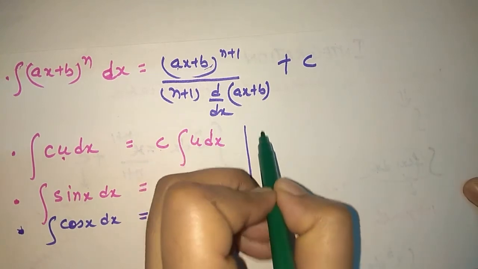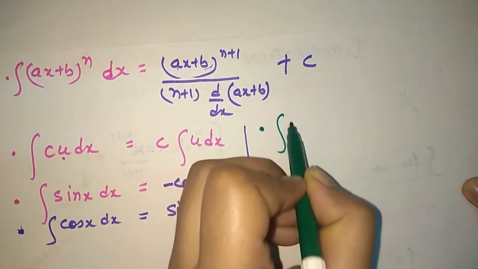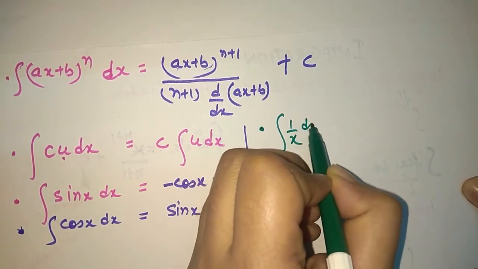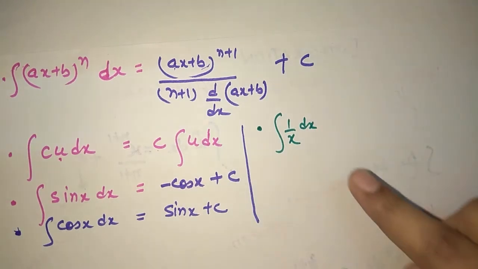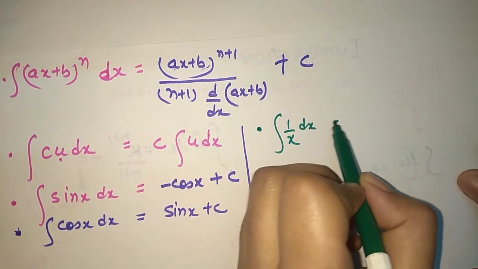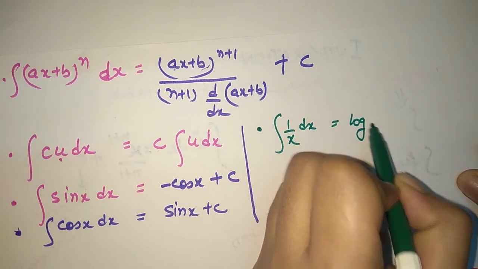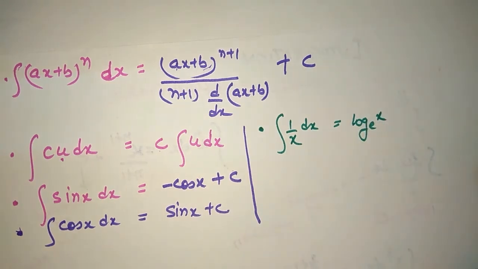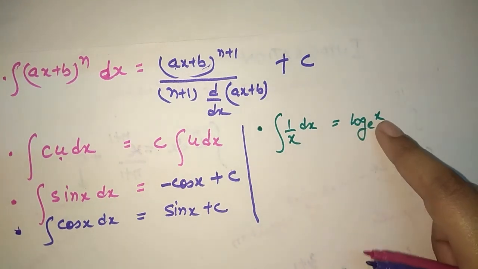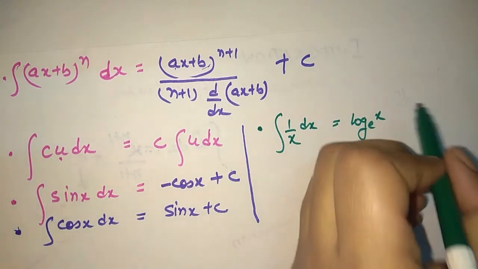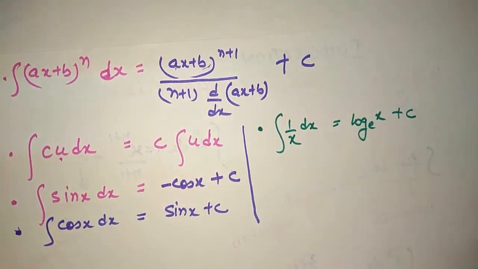Next one is, if we have integration of 1 upon x dx, then the integration of 1 upon x dx is log x plus c, where c is the constant of integration.